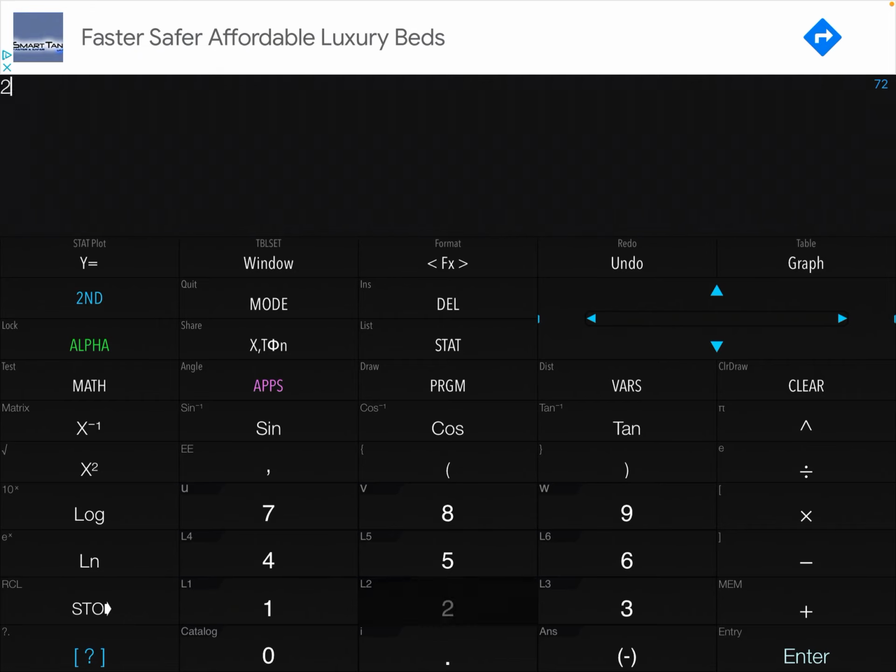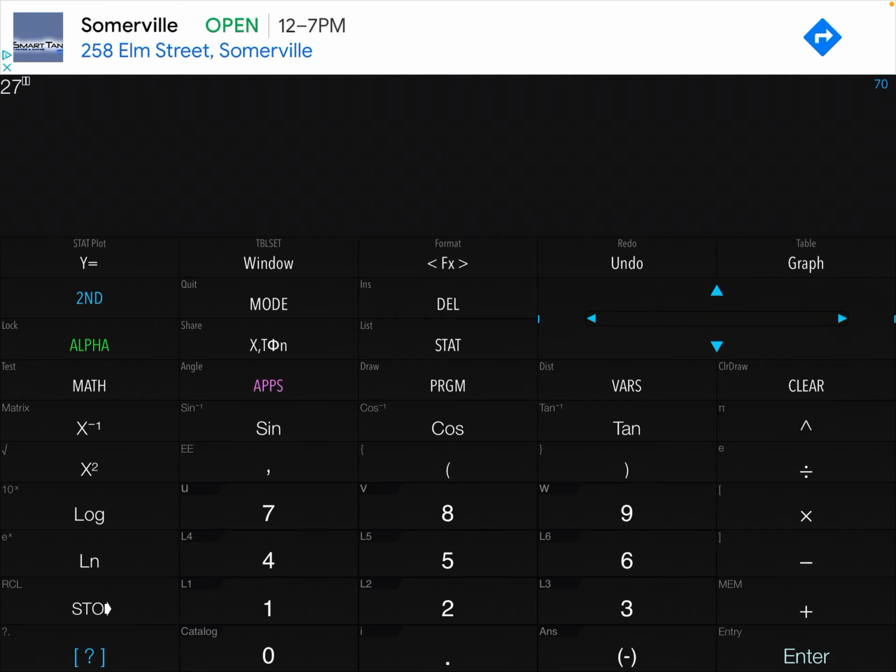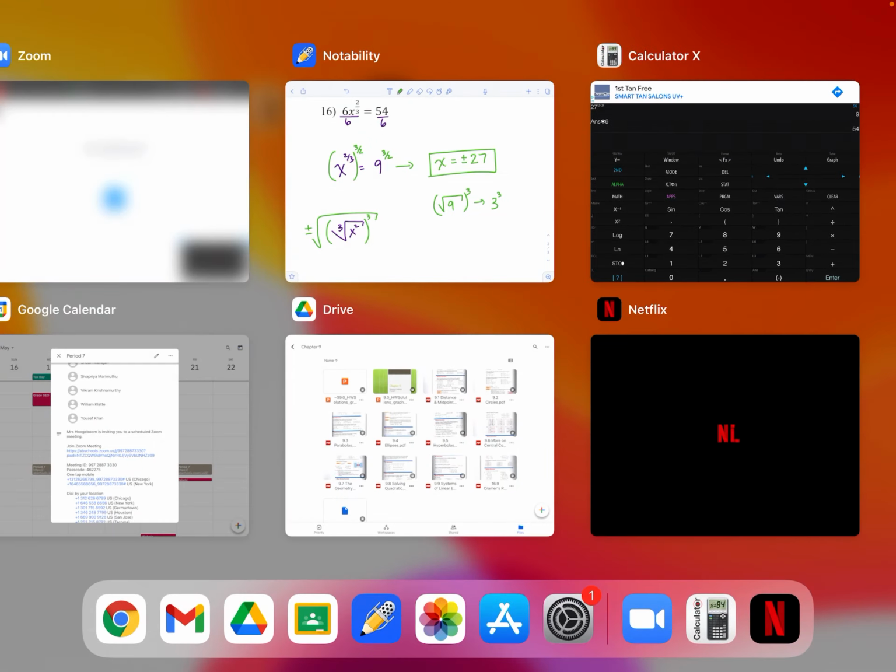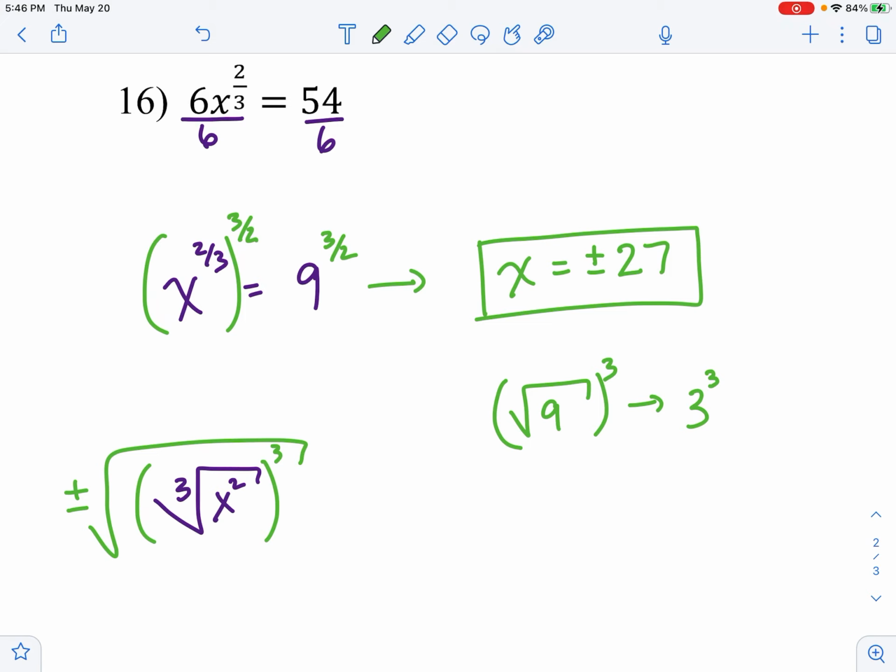So I'm going to do 27 raised to the parentheses 2/3. So I'll do 2 divided by 3. Close my parentheses, hit enter. Good, I got 9. Sure, I can multiply by 6 and make sure I got 54. Excellent, it worked. So we checked our answer.